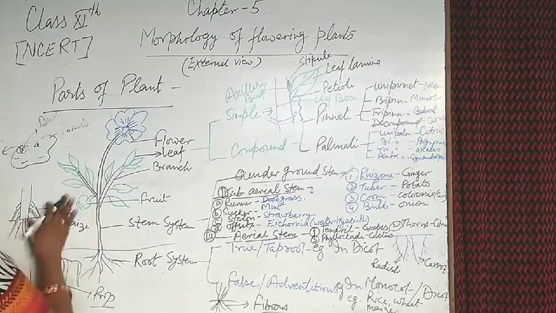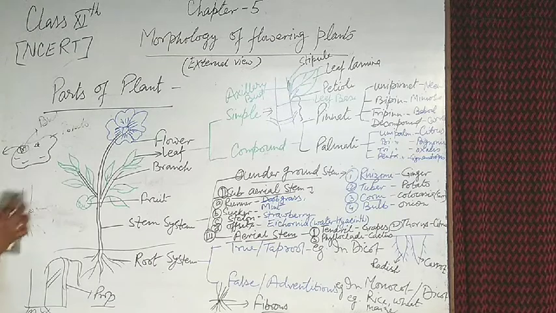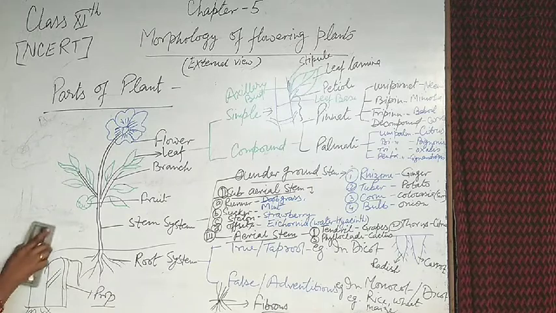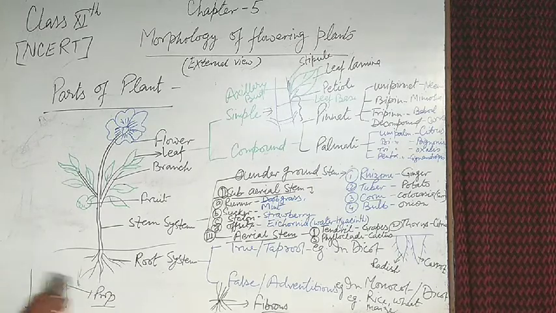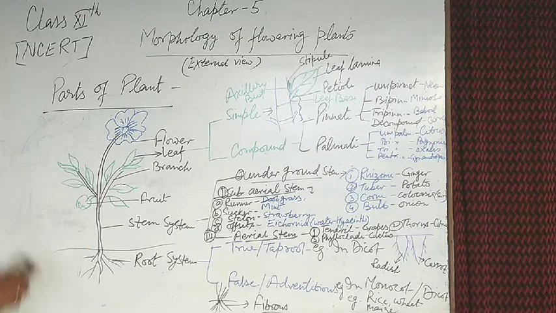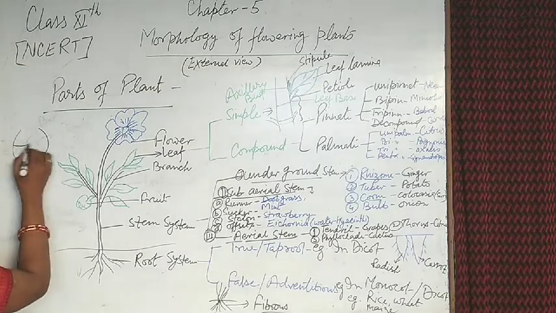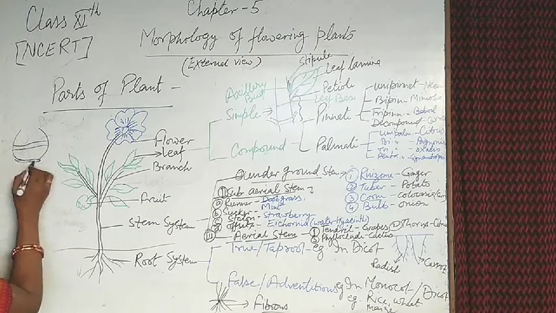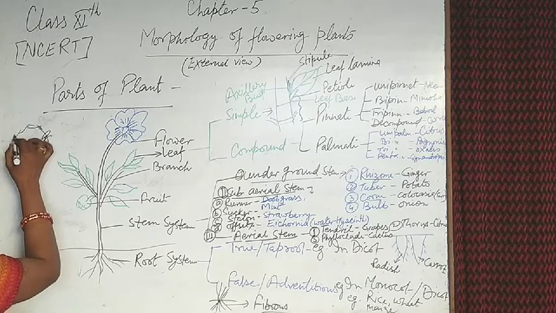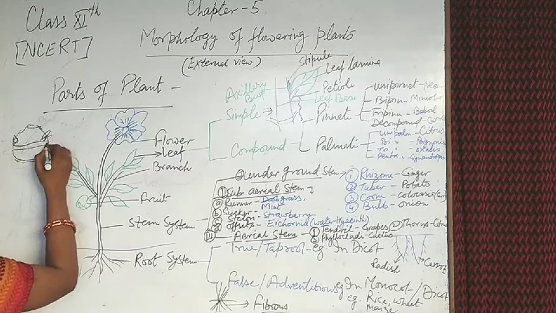It is a bulb-like structure, and axillary buds originate from the notches.